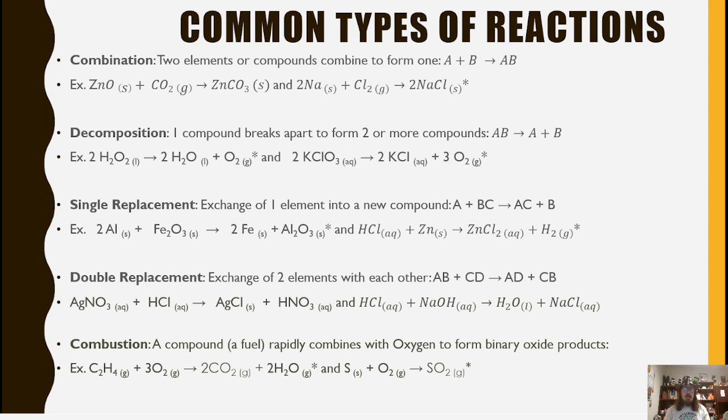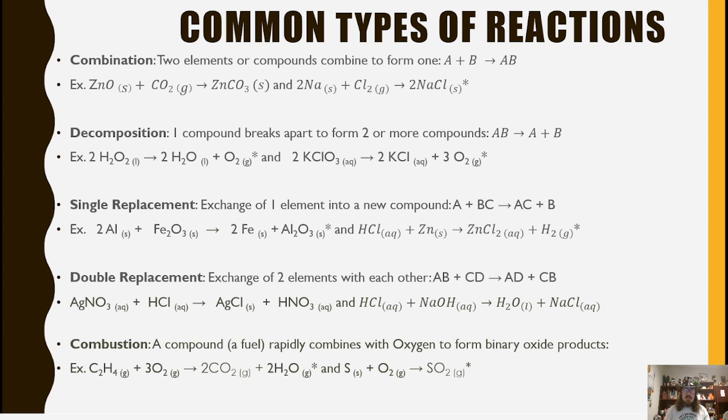So in this case, aluminum swaps places with iron, or you could have hydrogen swap places with zinc. It doesn't really matter what's swapping, as you have an element and a compound coming together and swapping places.